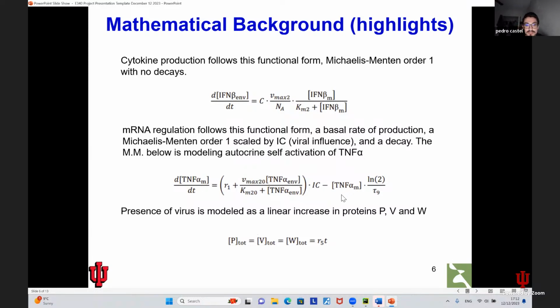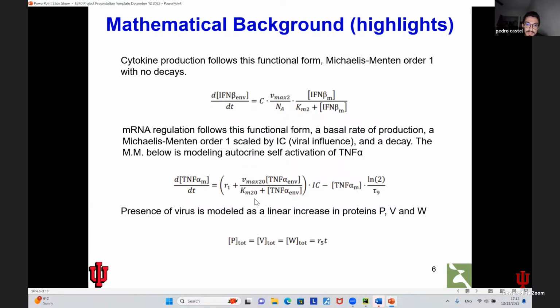The second equation is similar, so we still have a production rate in the Michaelis-Menten form, but we also have a basal production, which is R1, and a decay. Minus TNF alpha M means that TNF alpha M decays.